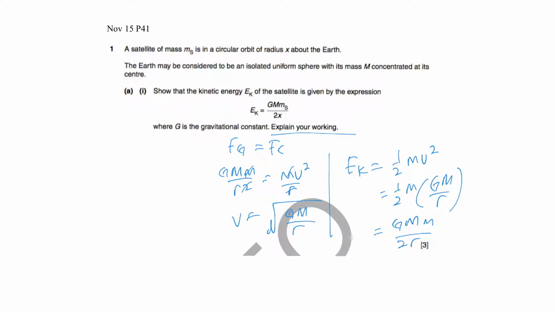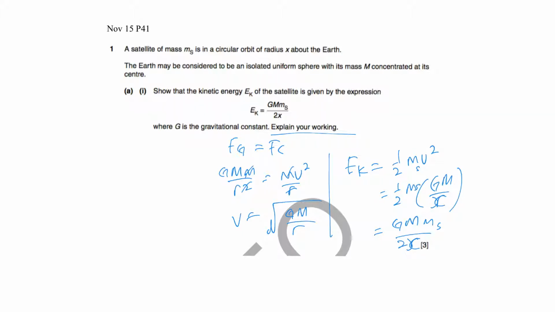But because they mentioned specific terms, you can replace your small m with the mass of the satellite, ms. Also the distance they mentioned was radius x, so the orbit is x and you can change this to x. So you will get the answer GMms over 2x, and don't forget this is the mass of the satellite.